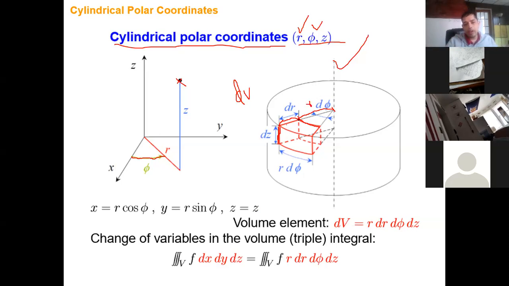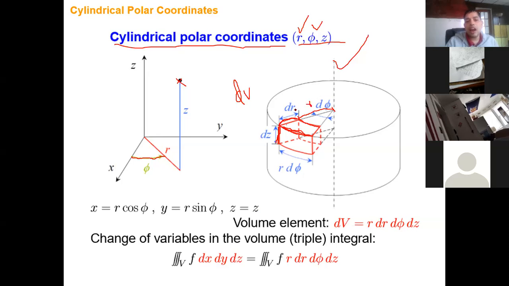Let me put it that way. So if I call dr the length, then what is the width of this? Then I have to do the height. Length, width, and height, that's the volume of this.